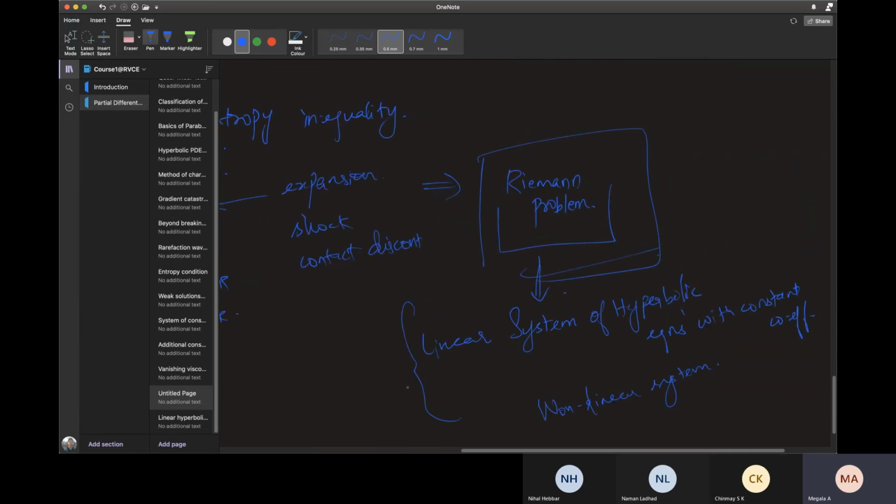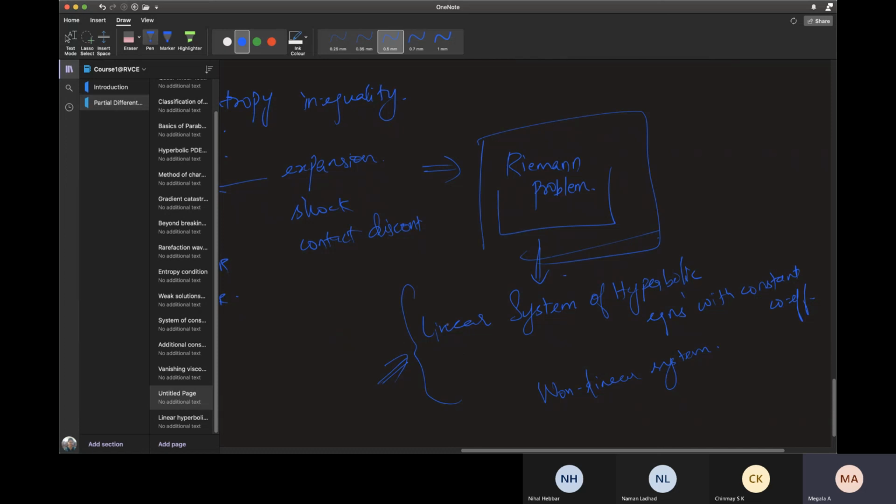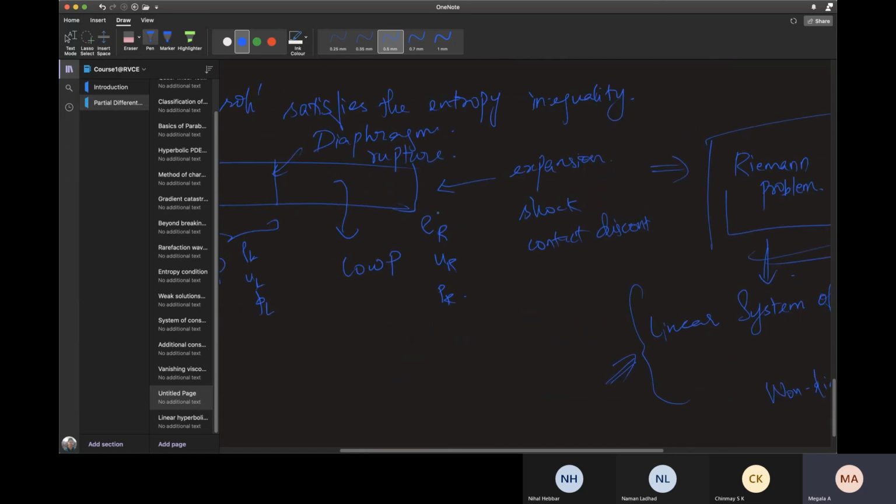We'll see how the solutions for the Riemann problem come from whatever we have learned till now. For the 1D scalar case, we have studied shock and expansion basically. So we'll see how these can come up there for a system.